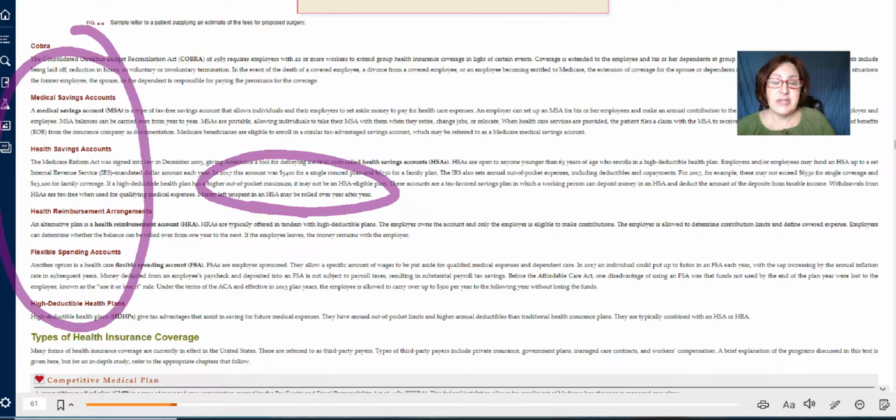So I tell them to look into it because they may be setting themselves up for mistakes. I've had people submit their receipts to the insurance company and get denied, and they had to pay back their HSA because their receipts don't qualify based on the year. So it can be really, really tricky.